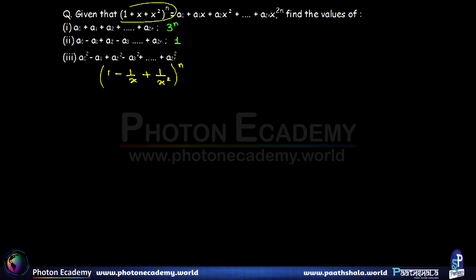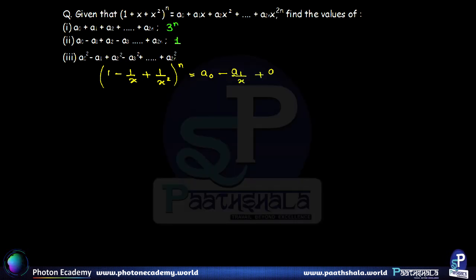Using the given formula, we are going to write that it is a0 minus a1 upon x plus a2 upon x square all the way till a2n upon x raised to 2n.